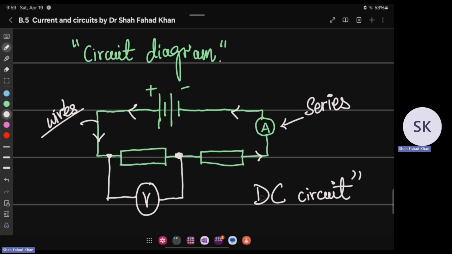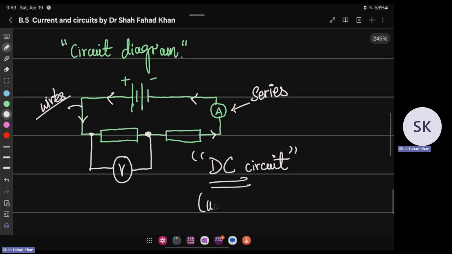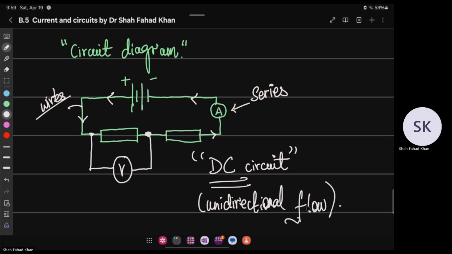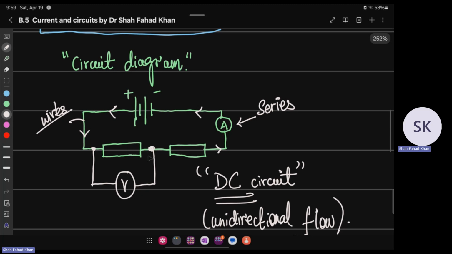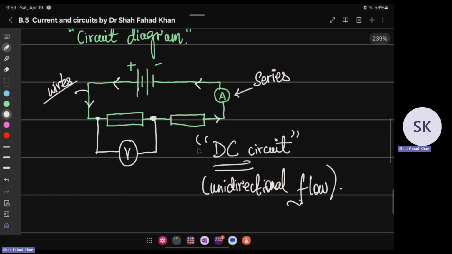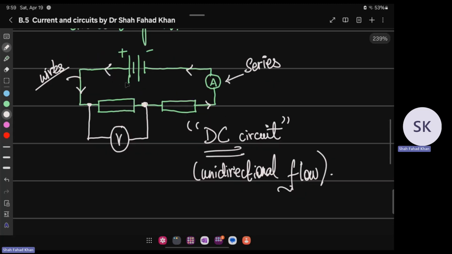DC means direct current, the unidirectional flow of current. The conventional current which flows from positive to negative is represented by the symbol I.